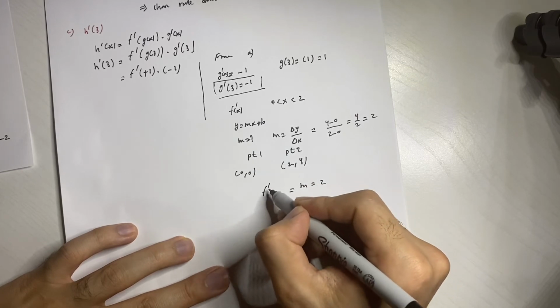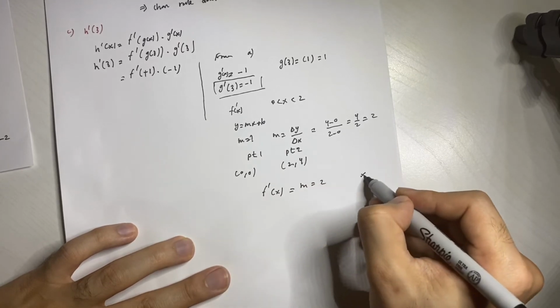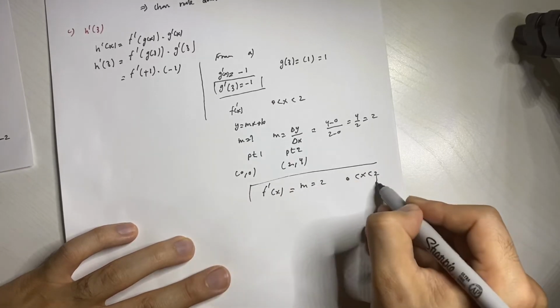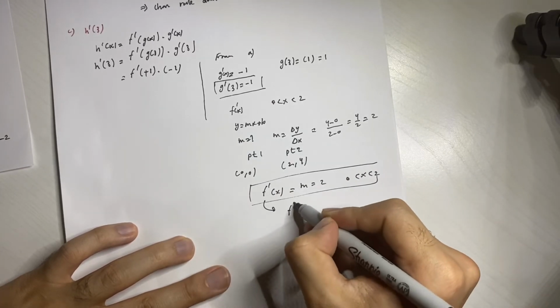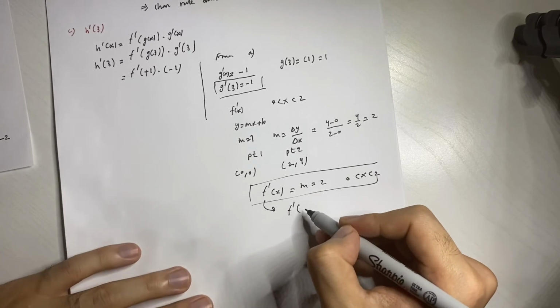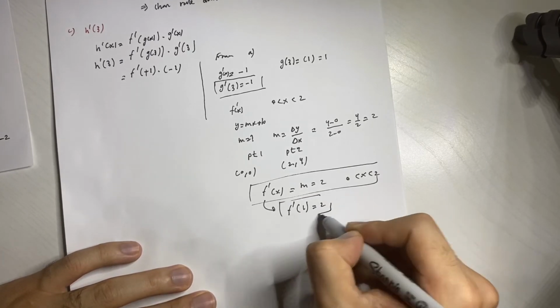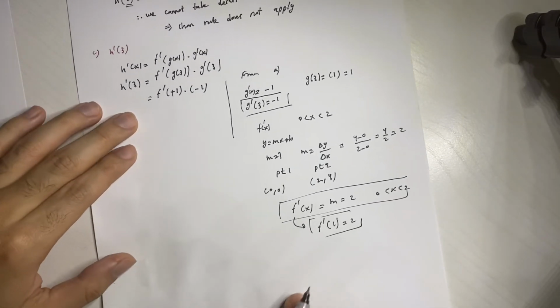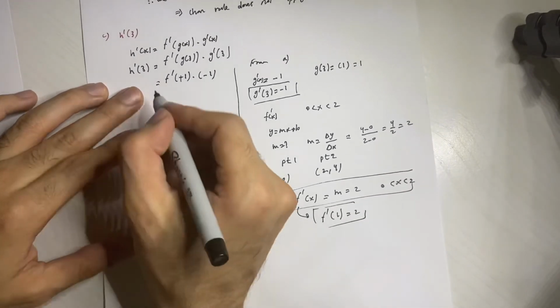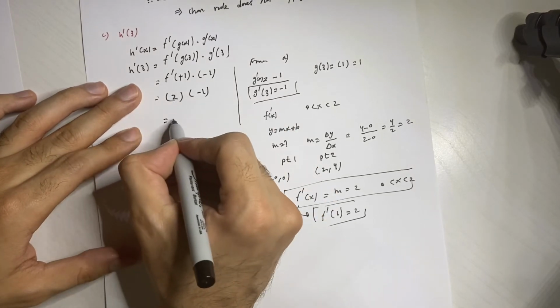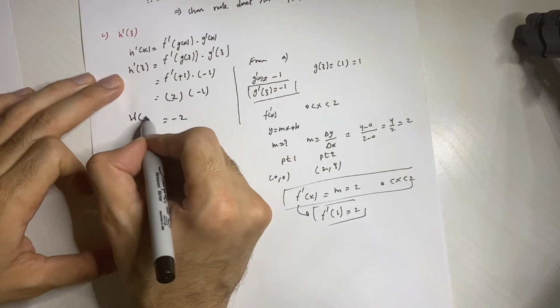That is f prime, and that holds for x from 0 to 2. That included our point, which is 1. So f prime of 1 is just 2. So multiply 2 by -1 and we get -2.